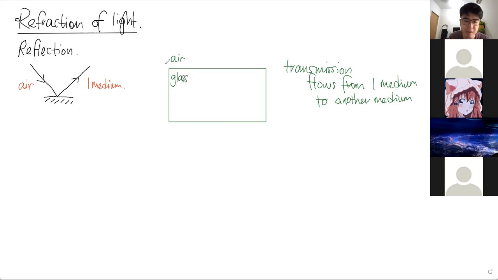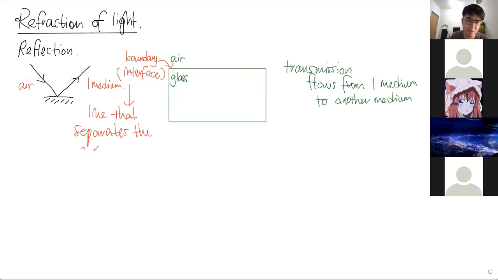So this we call a boundary, or sometimes you see the word interface. Please write that down and take note. Boundary or interface is a line that separates the two mediums.